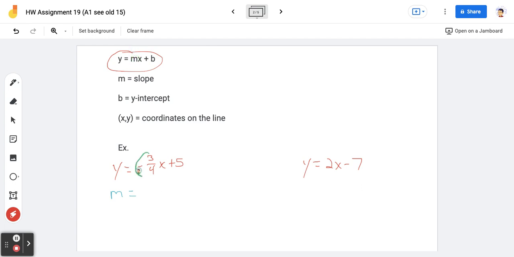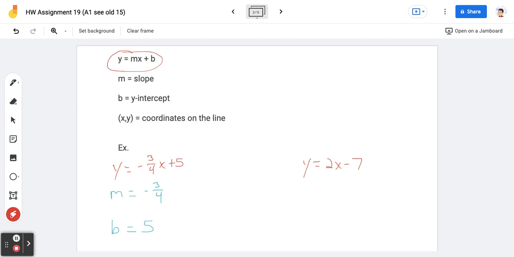Which is identified right there. It is a negative 3/4. And what is our y-intercept? Well, our y-intercept here is that constant value that's just by itself added on to the end. And our constant value in this case looks like it's going to be a positive 5. We take the sign in front.